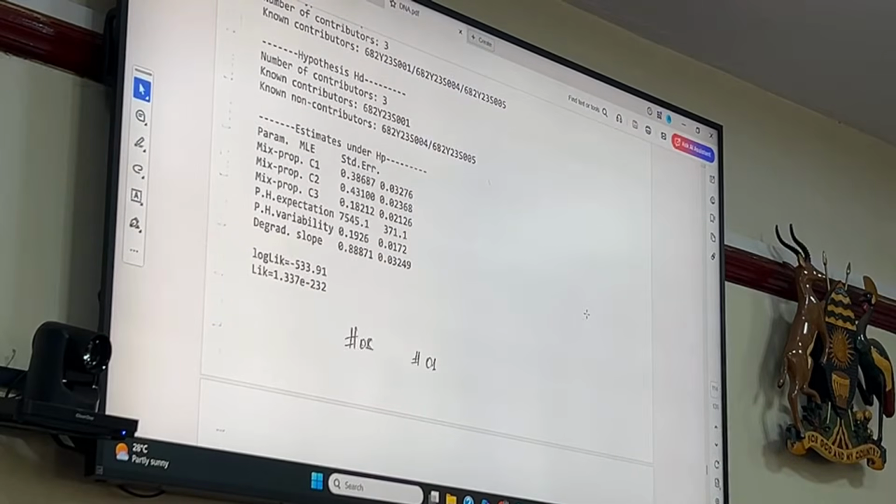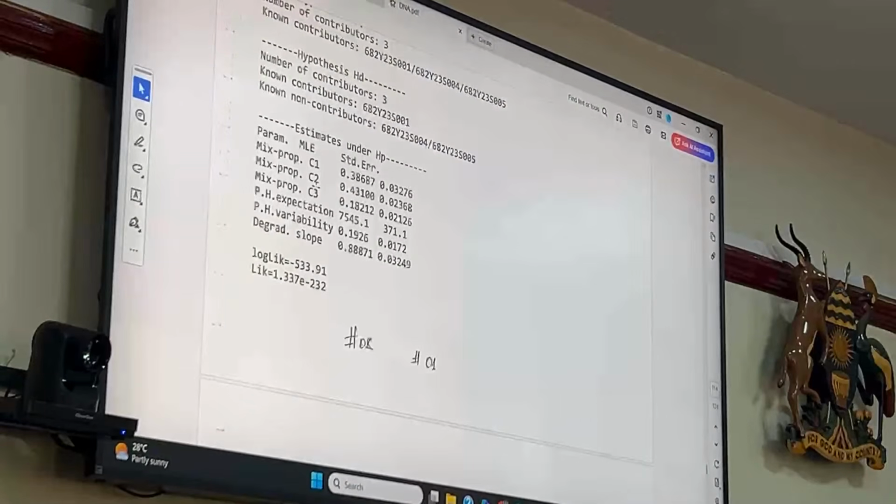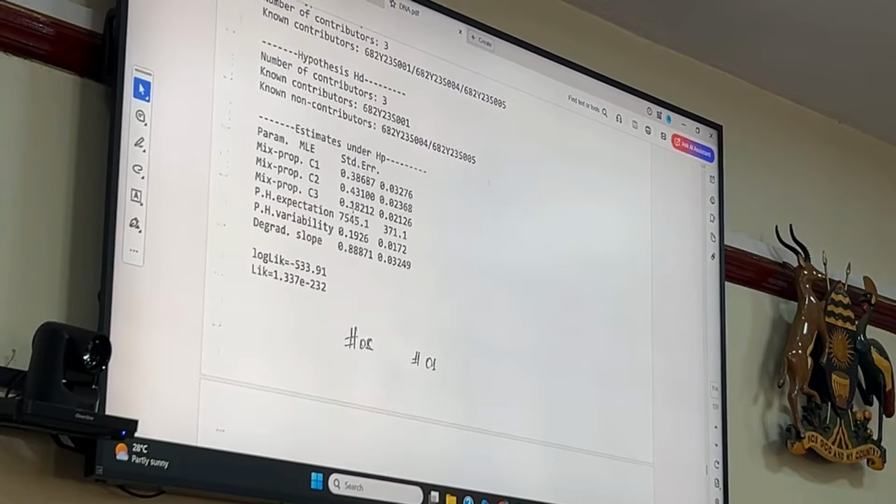So from the prosecution hypothesis, the software has estimated, under HP, and this is page 114 at the bottom, the proportion of C1, who is Henry, is 0.38, 38%. The proportion of C2, Molly Katanga, is 0.43 or 43%. C3, Patricia, 0.18 or 18%.